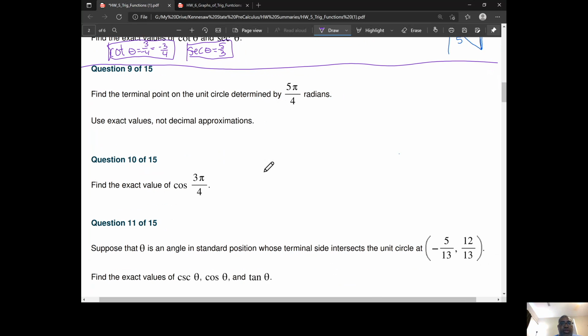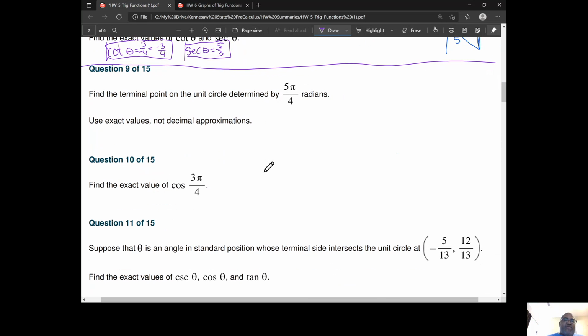Find the terminal point on the unit circle determined by 5 pi over 4 radians. Use exact values, not decimal approximations. So if you sketch your unit circle, you need to indicate where 5 pi over 4 is. Well, 5 is greater than 4. So we know that this is pi over 4.